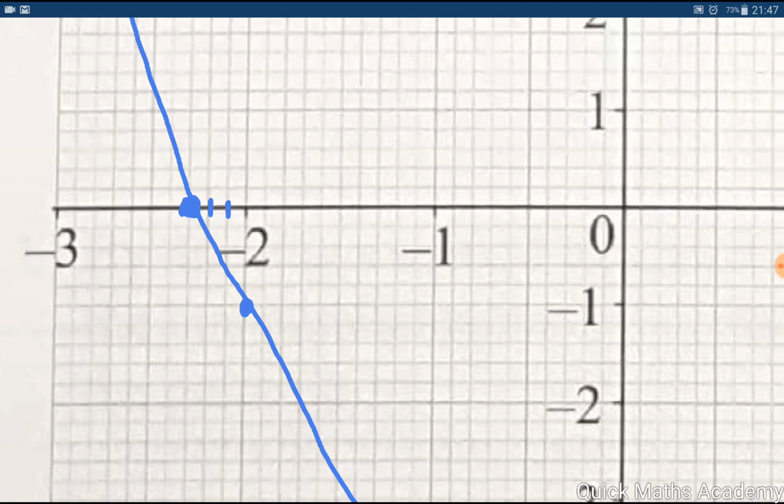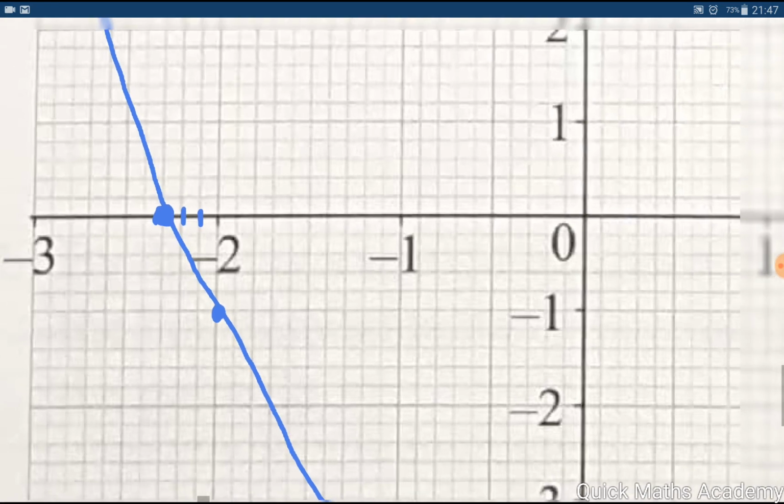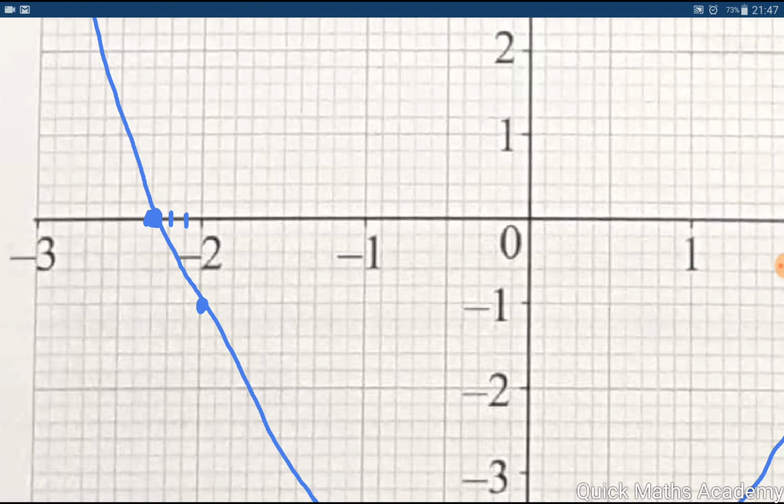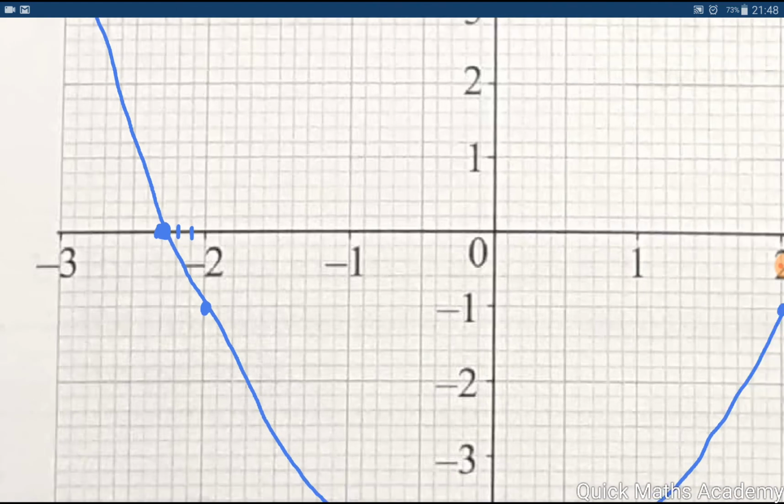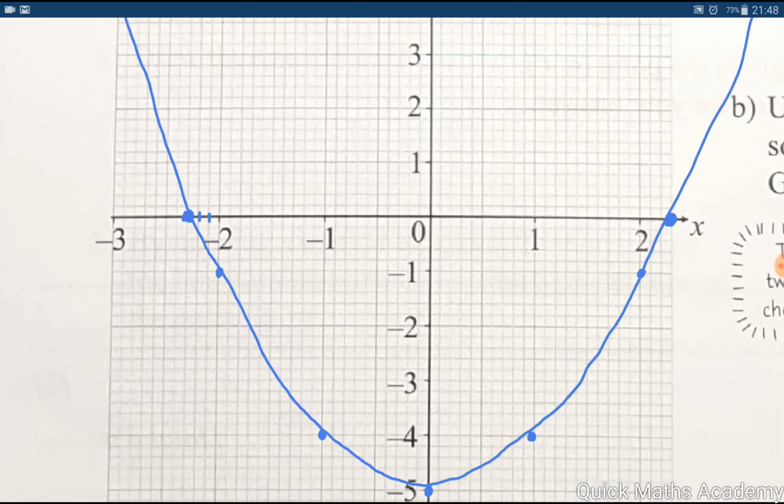In this kind of exercise, we can accept something probably between 2.1 and 2.4. There must be a margin of error because we are not perfect at drawing those parabolas. Normally only computers can draw the parabolas perfectly.